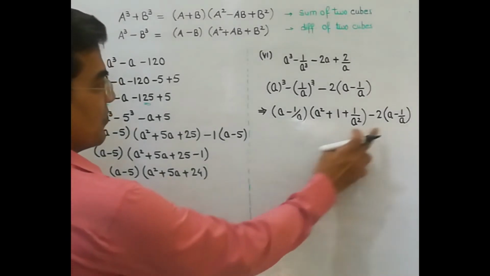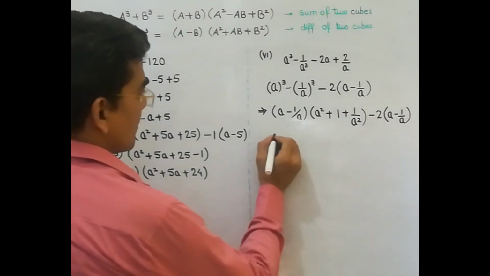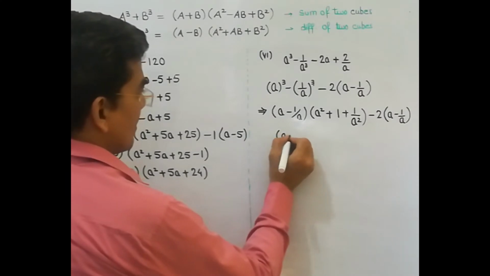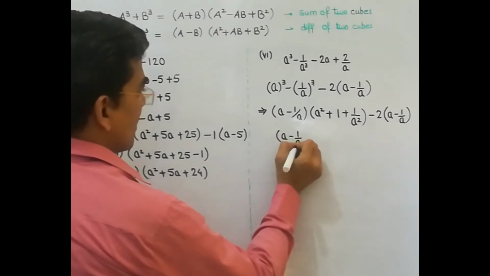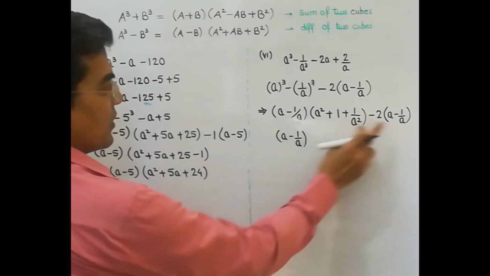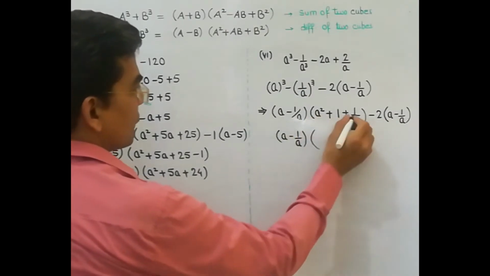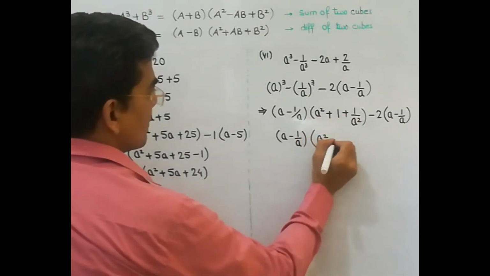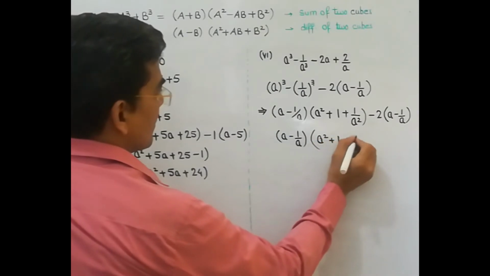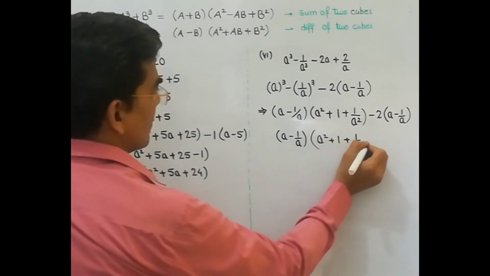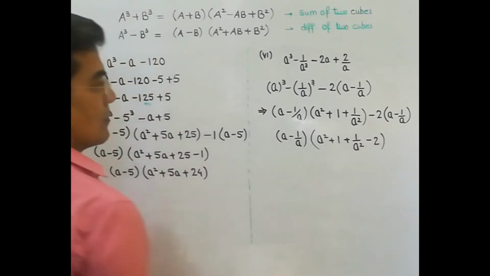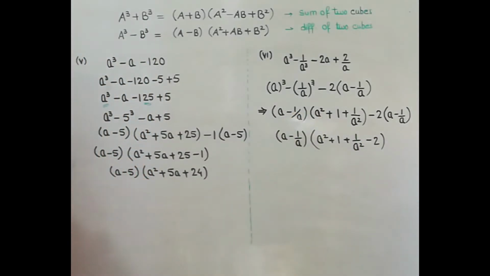Now what is common from these two? A minus 1 upon a is common, so here you are left with, and from there you are left with minus 2.